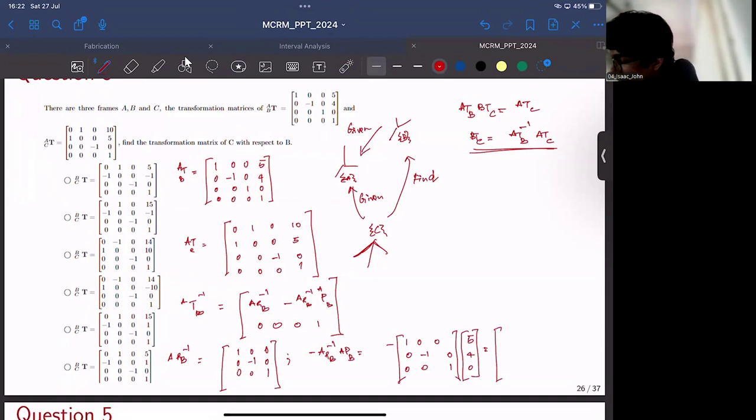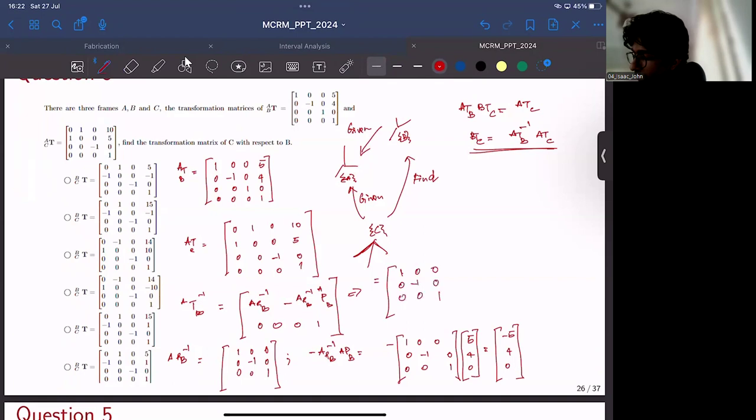If you multiply this out, this would be 5, minus 4, 0. And if you consider the minus sign, it would be minus 5, 4, and 0. So ATB inverse would be nothing but 1, 0, 0, 0, minus 1, 0, 0, 0, 1, then this term minus 5, 4, 0, then the final row would be 0, 0, 0, 1.